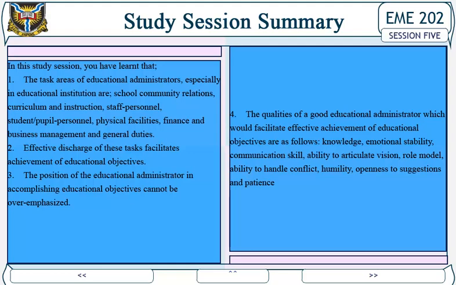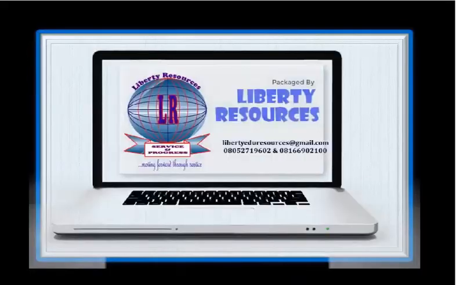13. Tolerance. The ability to tolerate and accommodate differences in subordinates is another quality of a good administrator. Subordinates are bound to be different in their manner of approach, feelings, reaction, and attitude to work among others.